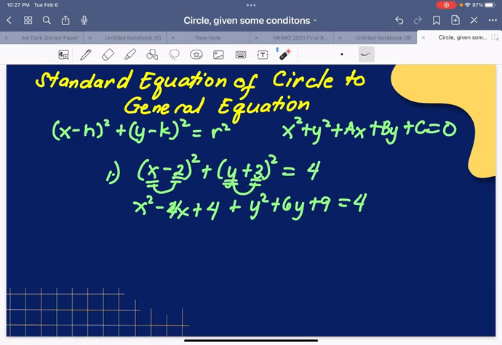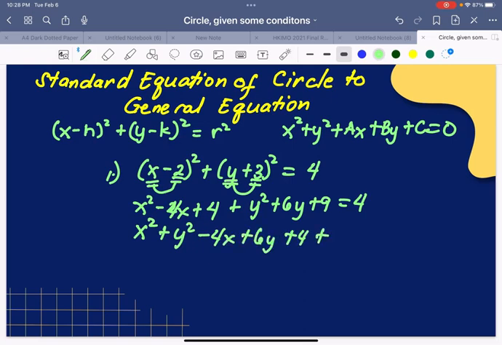Then, i-arrange na natin and i-transform na natin itong 4 dito sa kaliwa. So, magiging x squared plus y squared minus 4x plus 6y plus 4 plus 9 minus 4 equals to 0. So, paano naging ganyan? So, x squared, ito.